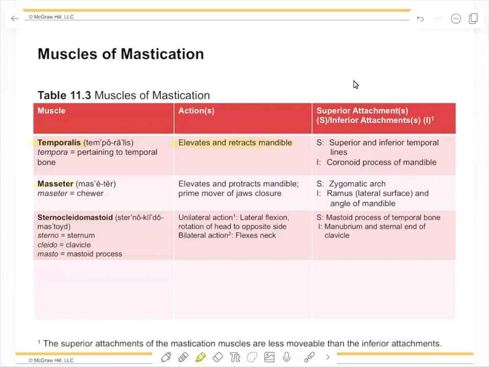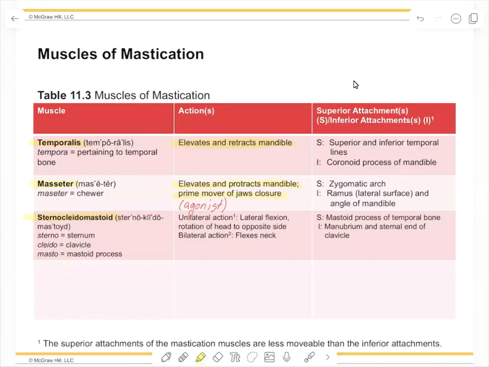The masseter is going to elevate as well, but it protracts the mandible. So it would be the prime mover of jaw closure. And remember, the other term for prime mover is agonist.